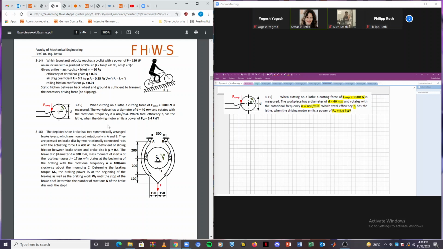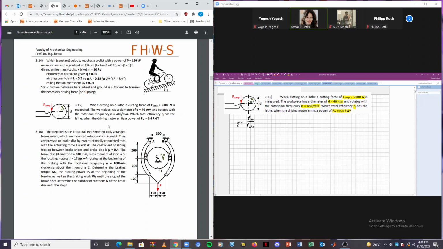Okay, we have the force given in direction of the motion. So that's the force that we can use directly. And we know that our efficiency can be computed by dividing the extracted power over the added power.